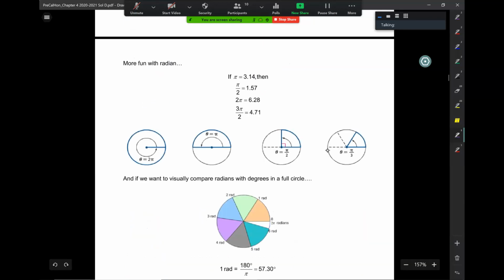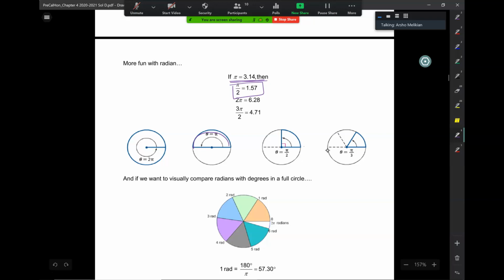Okay, so one thing every year I find lacking is students are okay with degrees, like you know exactly where 135 degrees is on the circle, you know the pi's as well. But when we go to decimals like 3.14, 6.28, it's not as obvious. So remember pi is 3.14. Half a pi is 1.57.